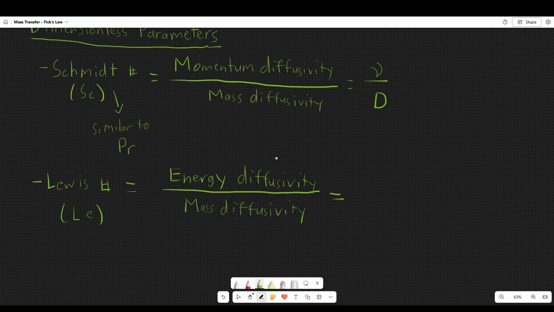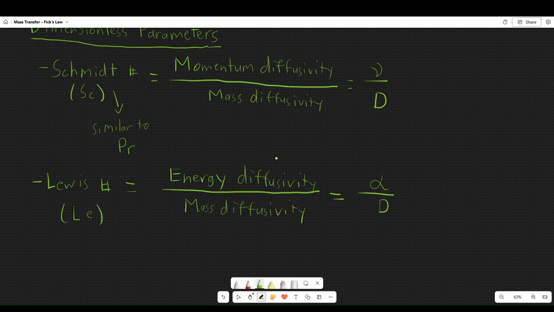And that's equivalent to alpha over D. And so you can see that we already have analogous quantities. We have nu in momentum transfer is analogous to alpha, which is analogous to D in mass transfer. So a lot of similarities.